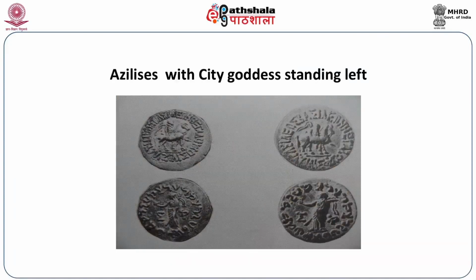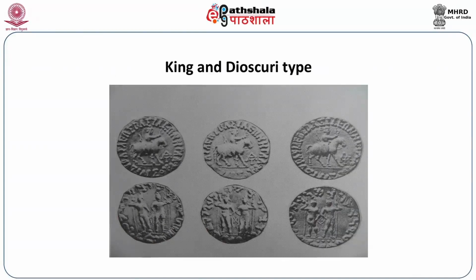Another very interesting coin type was issued by Agilices, and this is the mounted king along with the Dioscuri. The Dioscuri we have already seen was prevalent among the Indo-Greek rulers. For example, Eucratides had used the Dioscuri, the two brothers Castor and Pollux, in his coins, and here we find the Dioscuri are not riding a horse as in the Indo-Greek coins, but here the two brothers are standing, facing, holding their scepter, kind of spear, and they are represented with a kind of headdress which is known as the pilos.